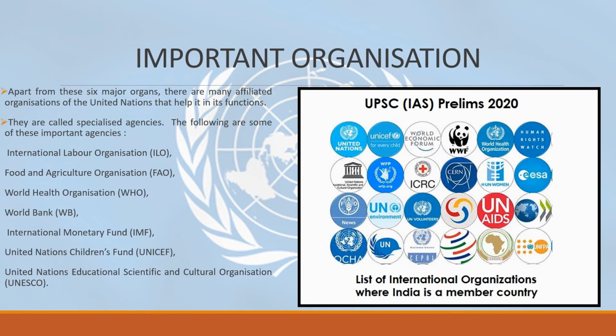And the last one, UNESCO, the United Nations Educational, Scientific and Cultural Organization. These organizations work in different areas for the betterment of society and to provide help to the people.